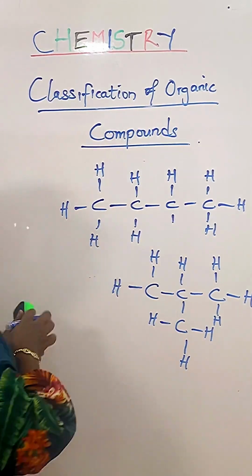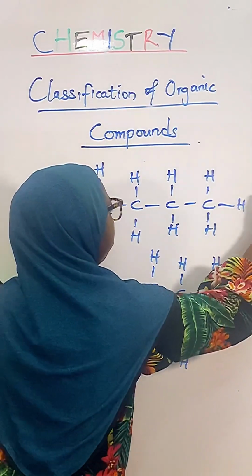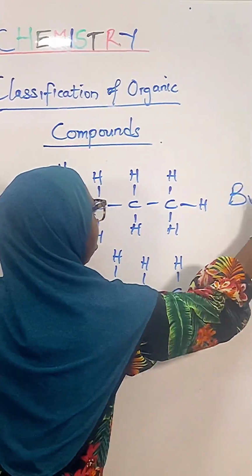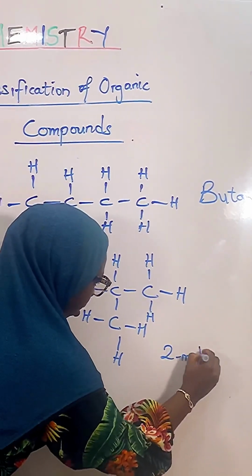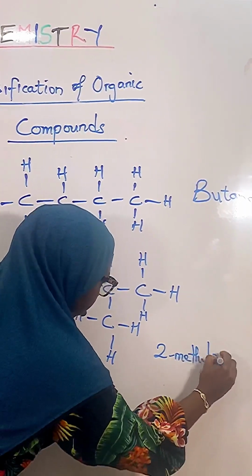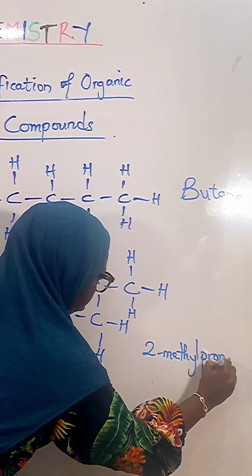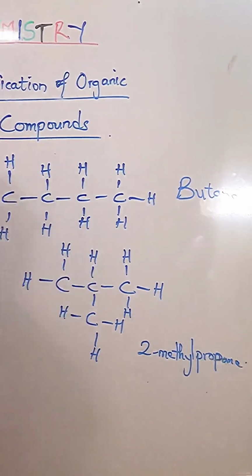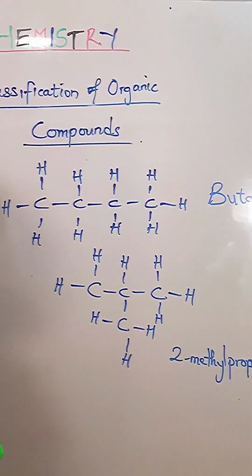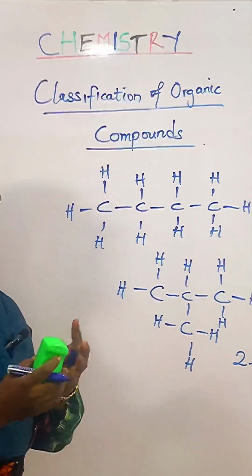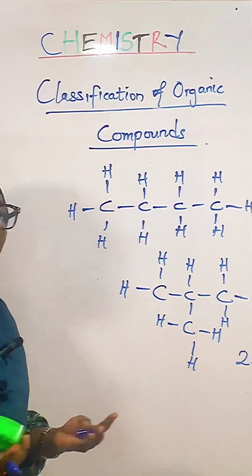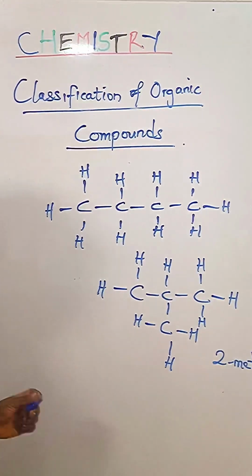This one is called butane, while this is called 2-methyl propane. So these are examples of acyclic compounds, which are compounds that are formed when carbons are linked together in a straight chain or branch chain.